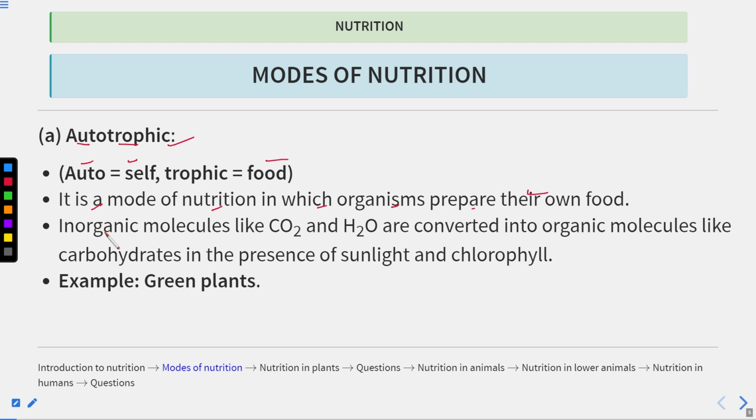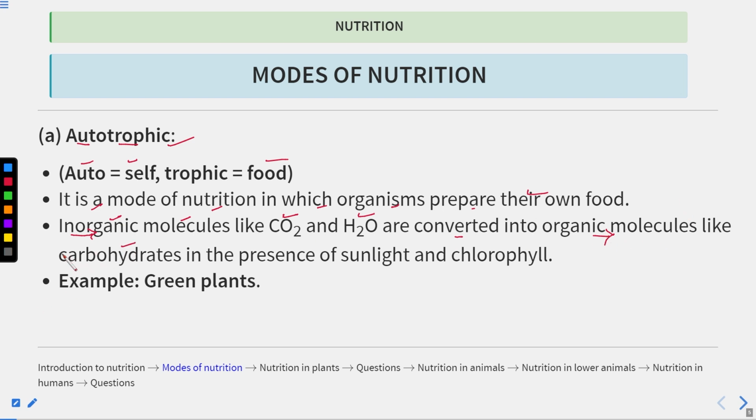And what happens in autotrophic nutrition? Inorganic molecules like carbon dioxide and water are converted into organic molecules. And what kind of organic molecules?